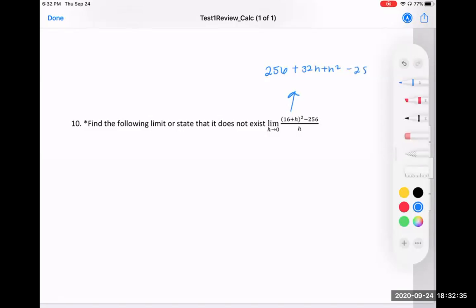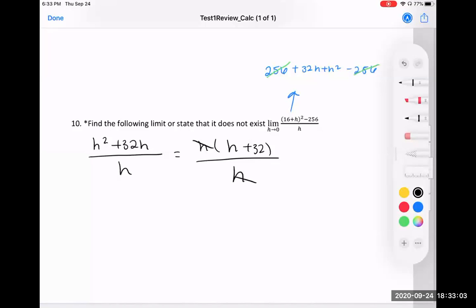And then we have that minus 256. So my numerator ends up being just h squared plus 32h. And with my denominator of h, we see that I can factor out an h. So then I'm left with h plus 32, and my h's can then divide to make 1.